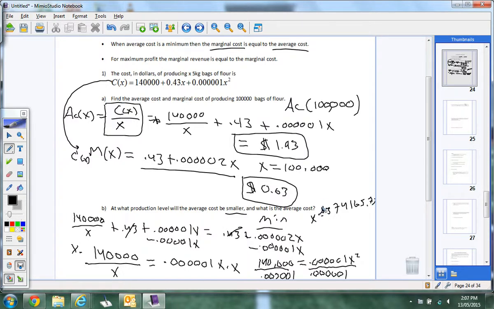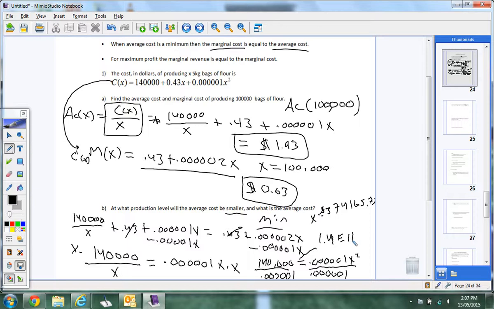Oh, this divide? Yeah, it's a big number. It was 1.4 e to the 11, so 1.4 with 10 zeros. And then we square root that, and it's 374,000.